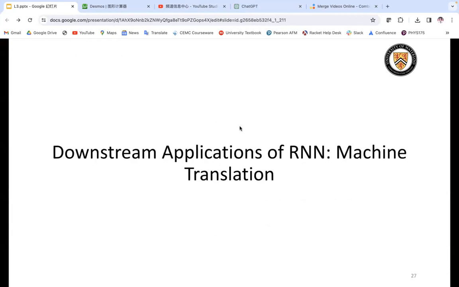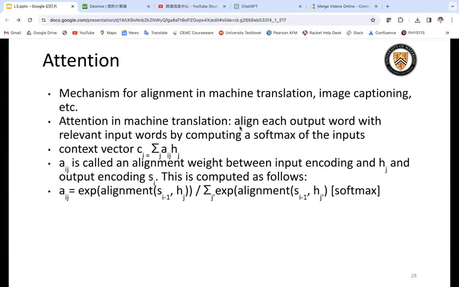Now let us discuss downstream applications of RNN, specifically machine translation. Before we talk about machine translation, let's discuss the concept of attention. Attention is a mechanism for alignment in machine translation, image captioning, etc. In machine translation, attention means we align each output word with relevant input words by computing a softmax of the inputs.